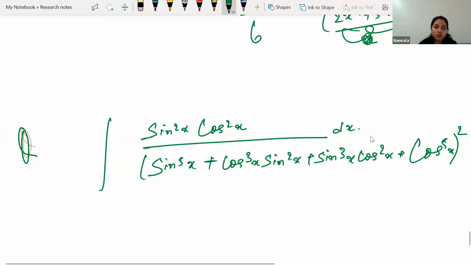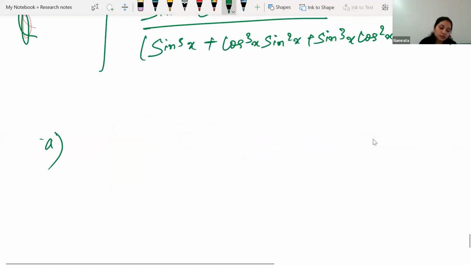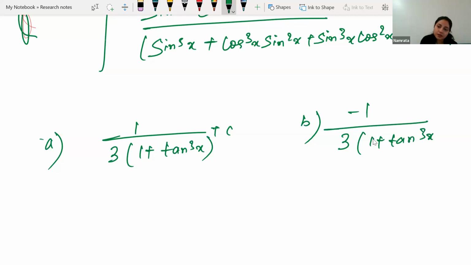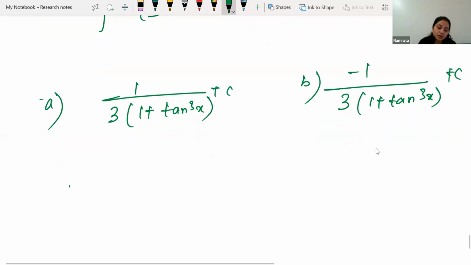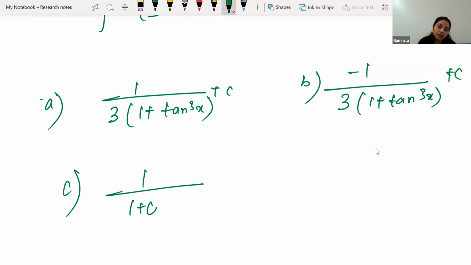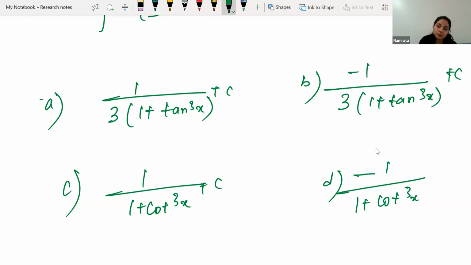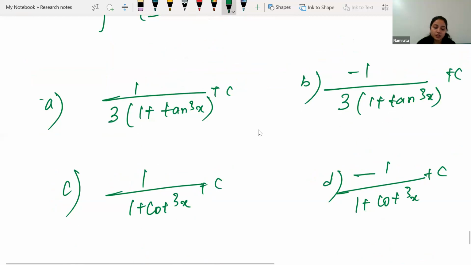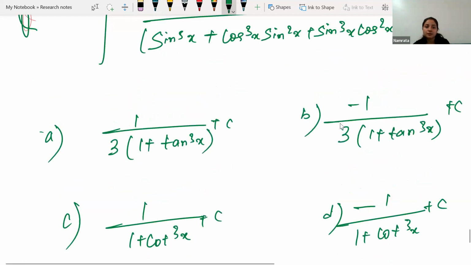The only thing we have to do is the integration, and options are given as: option A, 1 by 3 (1 + tan^3 x) plus c; option B, minus 1 by 3 (1 + tan^3 x) plus c; option C, 1 by (1 + cot^3 x) plus c; and option D, negative 1 by (1 + cot^3 x) plus c. Okay, this is the integration we are having, and the options are given over here. Let's see what can be done.